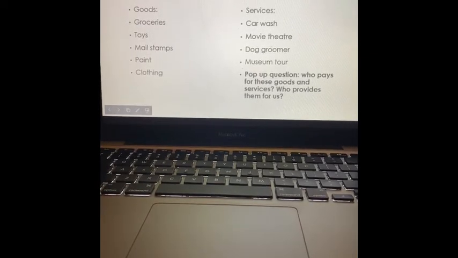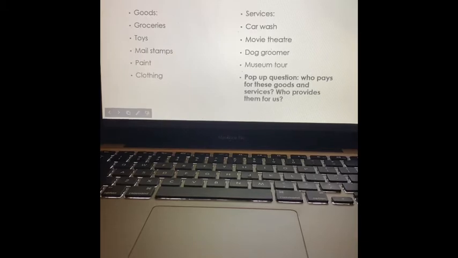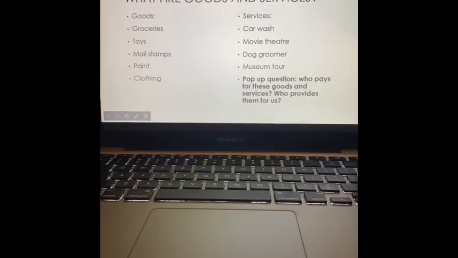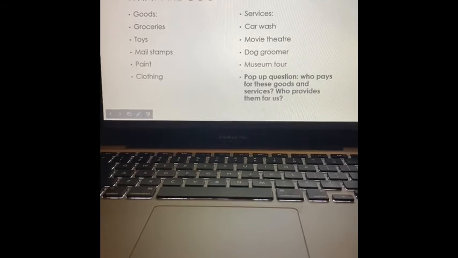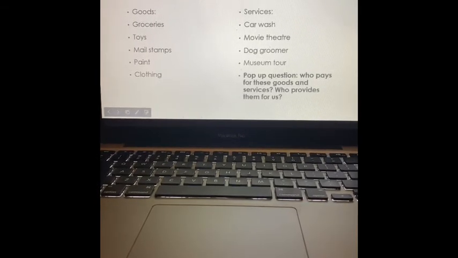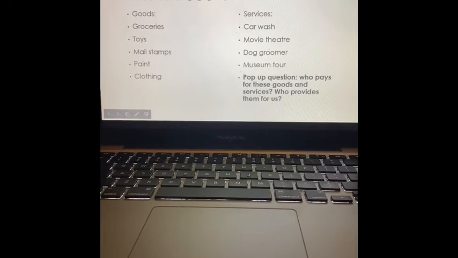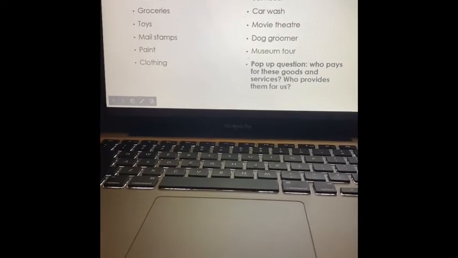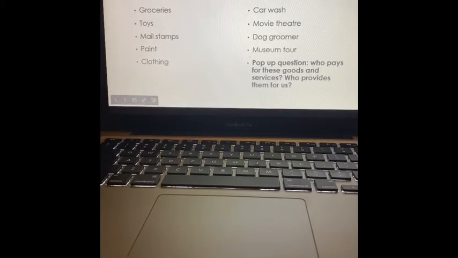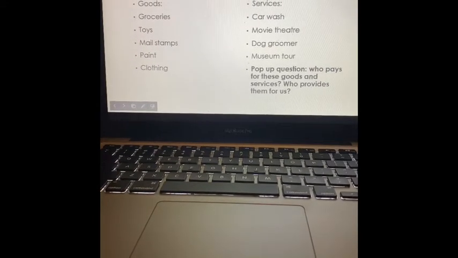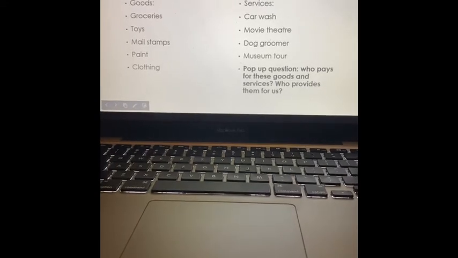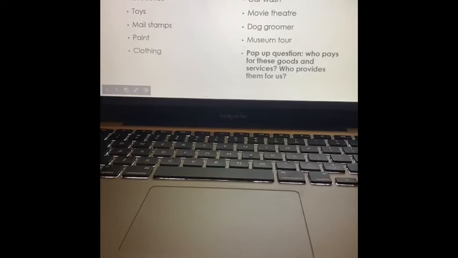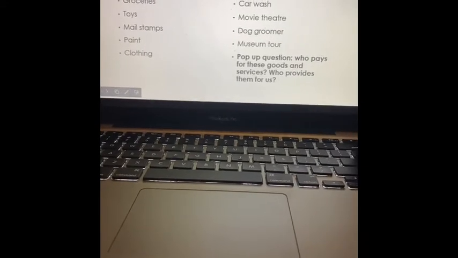For services, I have car wash, movie theater, dog groomer, museum tour, and I have a little pop-up question. It says, who pays for these goods and services and who provides them? And the reason I put this question is just to give them a little refresher and connect the fact that goods and services are part of consumers and producers, and just to kind of keep it refreshed in their mind.